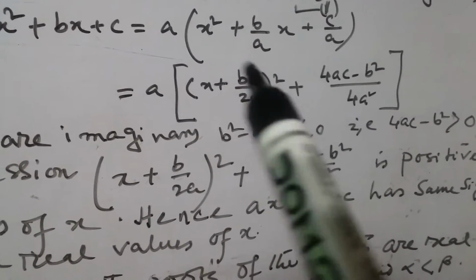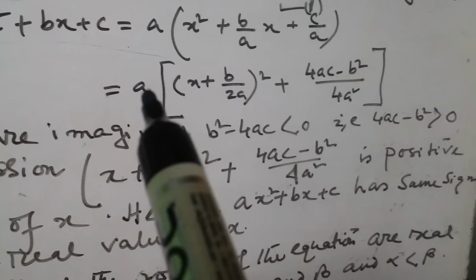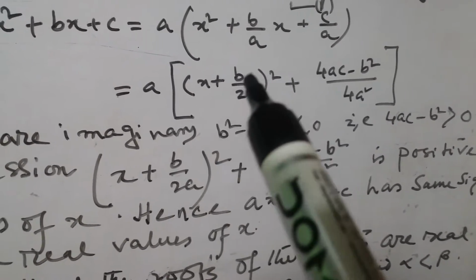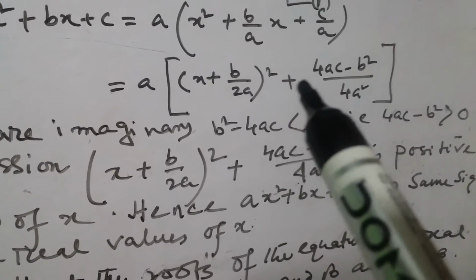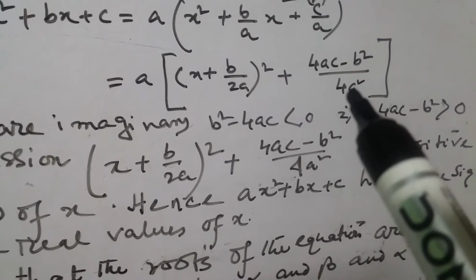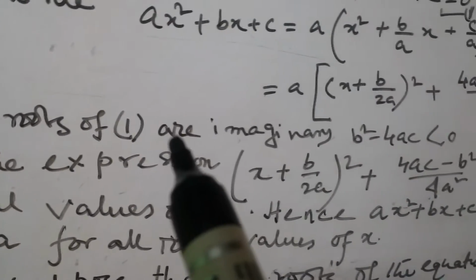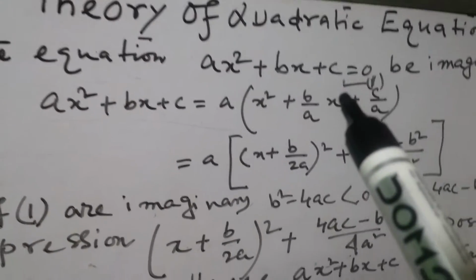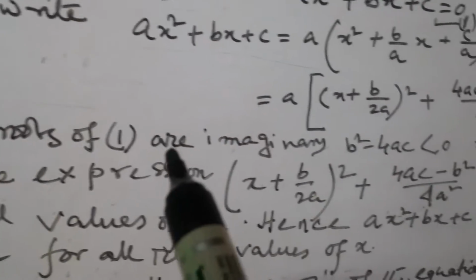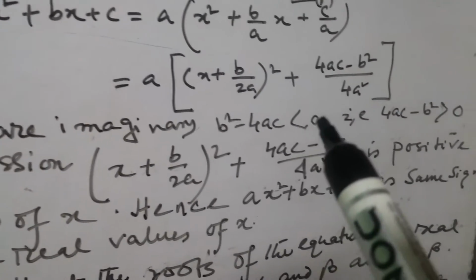After completing the square, you get this expression: a into x plus b by 2a whole square plus 4ac minus b square by 4a square. We know, since the roots of this equation are imaginary, the discriminant is less than 0.